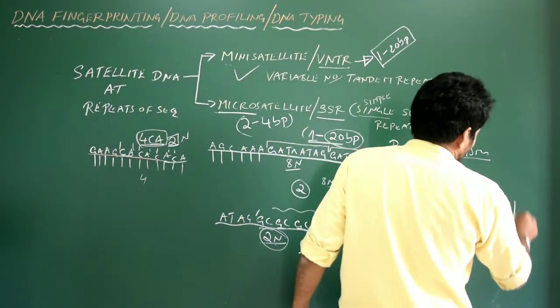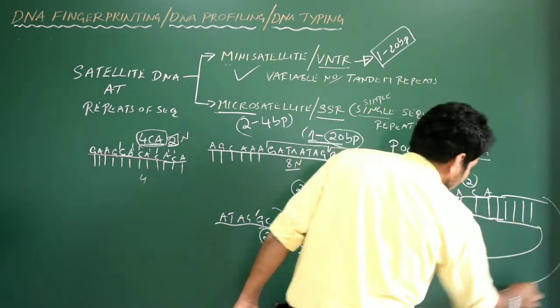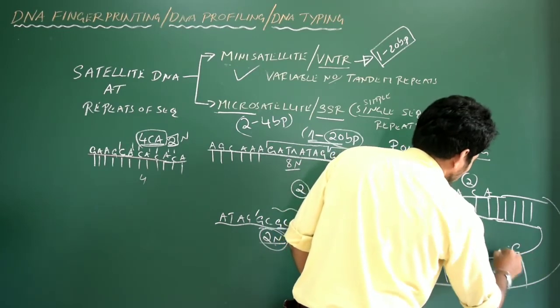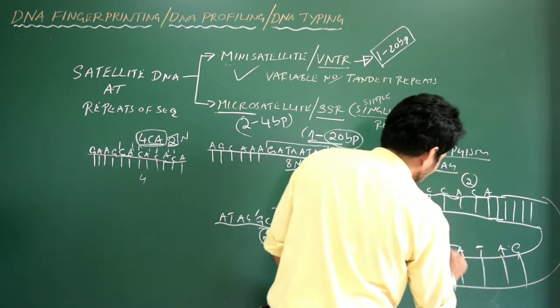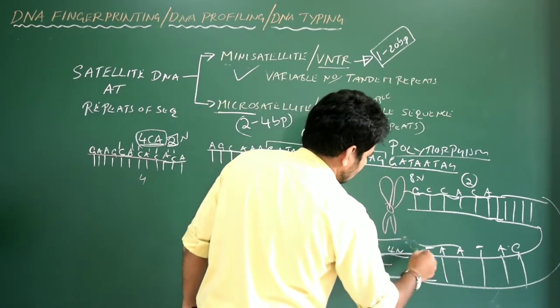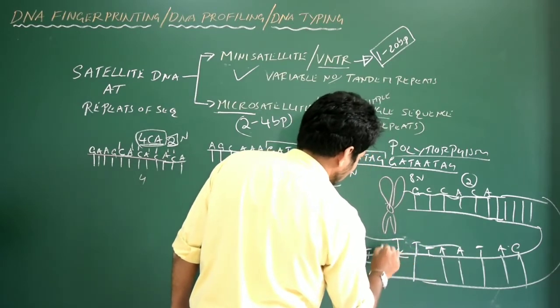Now, let me just ignore some sequences. We will continue this. This is now a single DNA. And let us say you see GATAAT, which is now repeated again. Let me continue the sequence. So TTA like that.